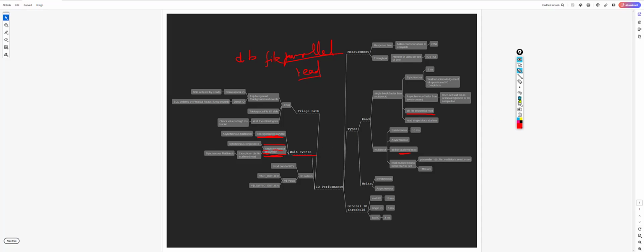So likewise, most of the wait events are categorized in these two, and every direct or parallel read write will be an asynchronous multi-block read. So here we saw, right, single block, multi-block, synchronous, asynchronous. Same thing, asynchronous multi-block read.